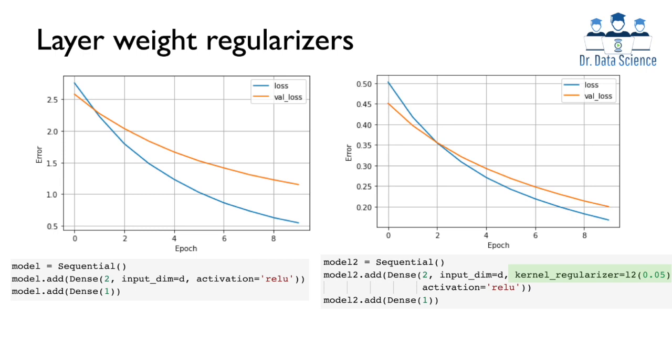And then inside the parentheses, that's where you add that regularization parameter or constant, which we call here alpha. And you can see that by setting appropriate values for this regularization parameter, the situation is now much better, in the sense that the values of the loss function on the training data and validation data are closer to each other.